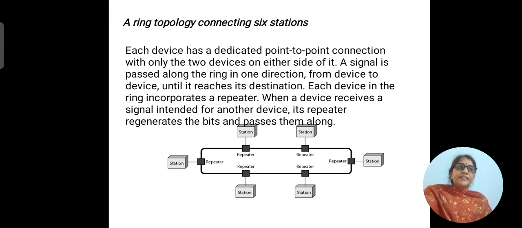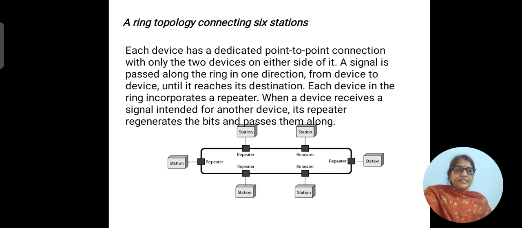Let's see the ring topology. Each device has a dedicated point-to-point connection with only the two devices on either side of it. A signal is passed along the ring in one direction from device to device until it reaches its destination.